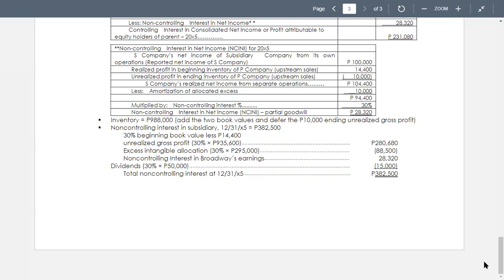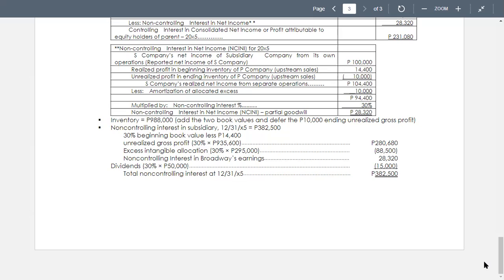Ren Corporation acquired 80% ownership of Arid at a time when Ren's investment using the equity method and Arid's book values were equal. During 20x4, Ren sold goods to Arid for 200,000, making a gross profit percentage of 20%.